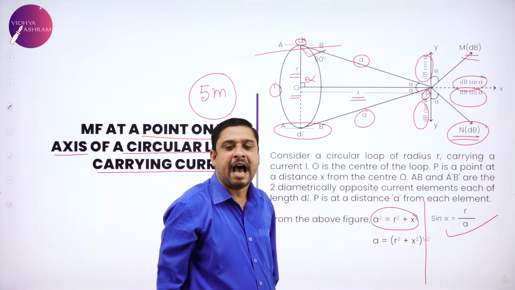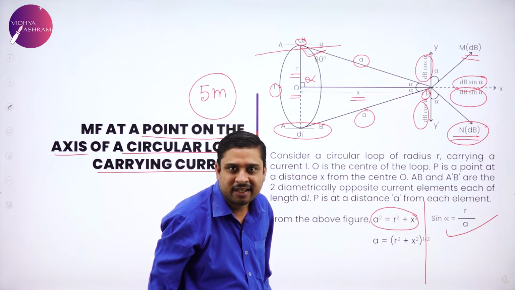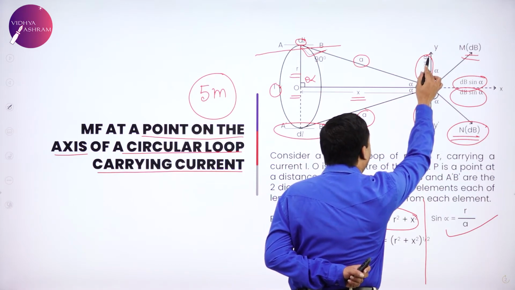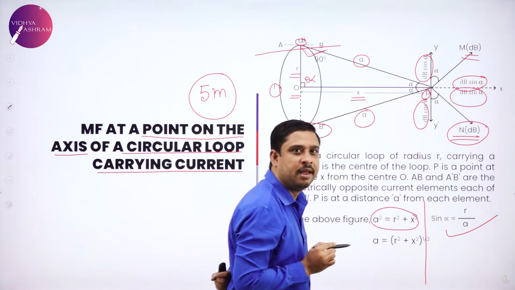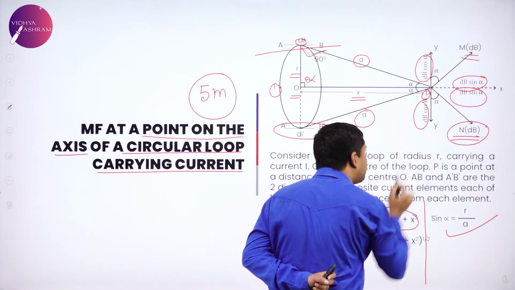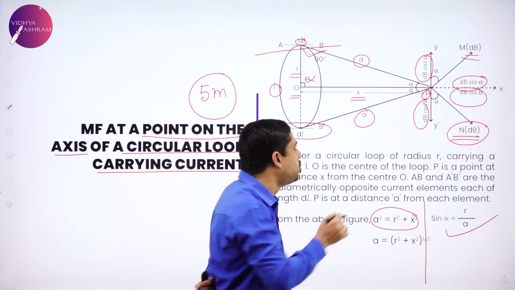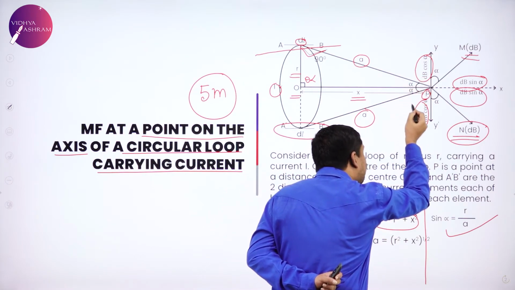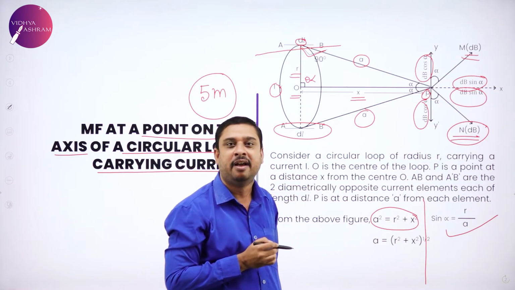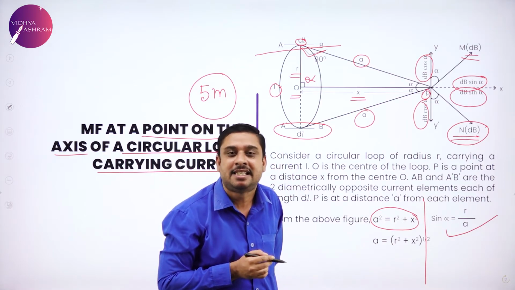Because they have the same magnitude but they act in opposite directions. Isn't it beautiful? One component is acting along Py, the other component is acting along Py dash, but both the components have the same magnitude, dB cos alpha. The magnitudes are the same, but they are acting in opposite directions, so they cancel each other.